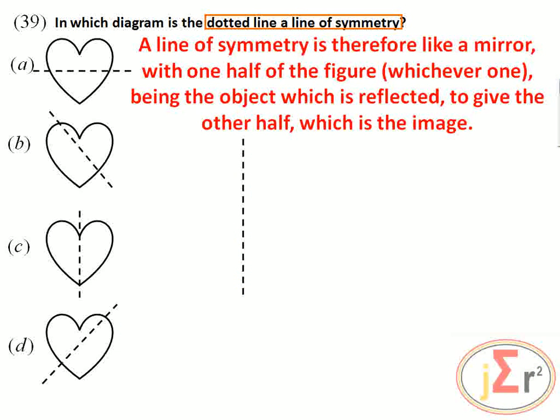A line of symmetry is therefore like a mirror line with one half of the figure, and it does not matter which one, being the object which is reflected, to give the other half which is the image.